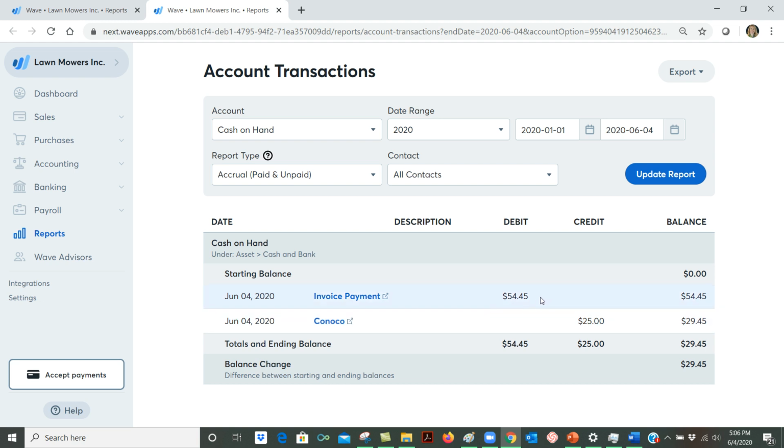So remember, initially I collected $54.45, including sales tax, from my first customer, but then I paid $25 from my cash on hand for the gas, leaving me with an ending balance of $29.45.